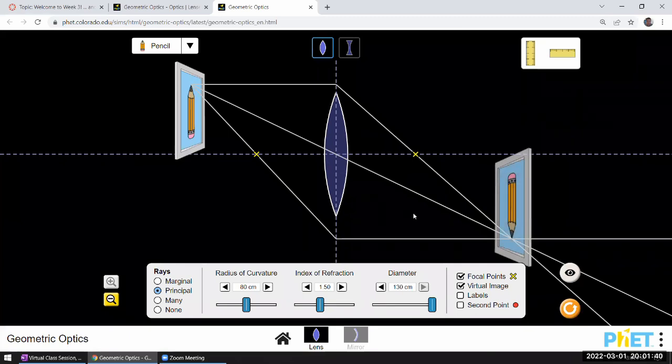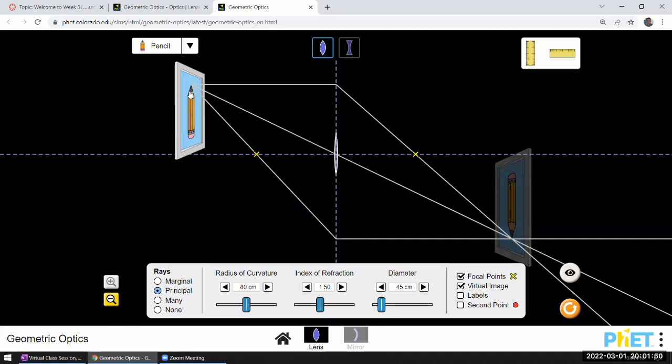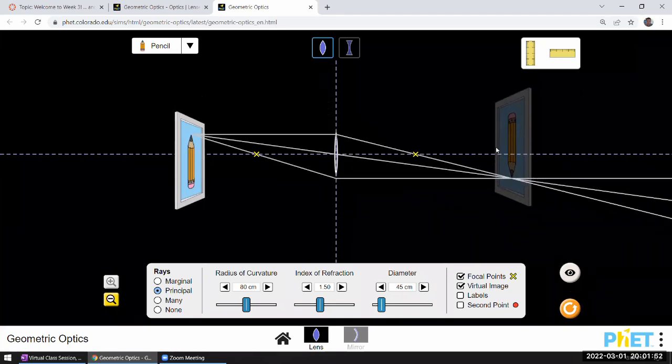It's simulating things that are programmed in, and it's programmed to illustrate a certain thing. Note how as I make the diameter of the lens smaller, the extent of the image that's being formed here doesn't change. Just because I have a smaller lens, that doesn't mean only a smaller portion of the object gets imaged. The entire object still gets imaged.